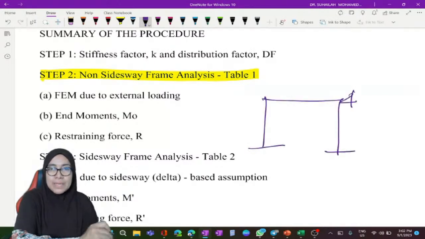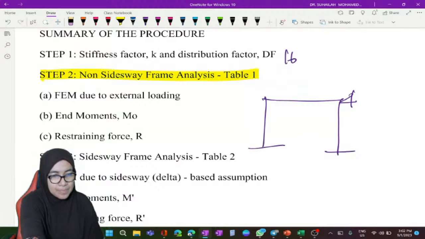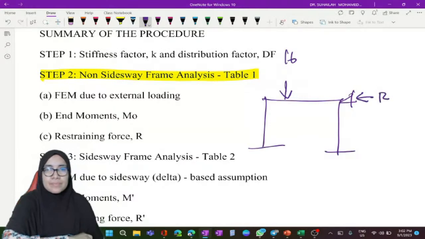We have one pin. This is 16, one pin, and we have R here. So this is the diagram for step number 2.